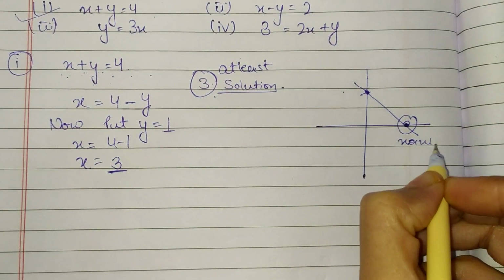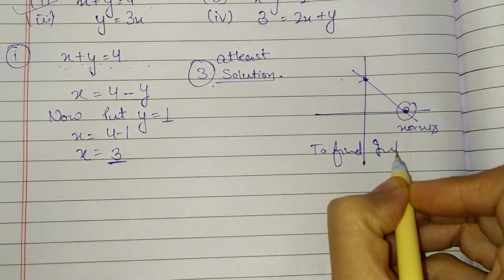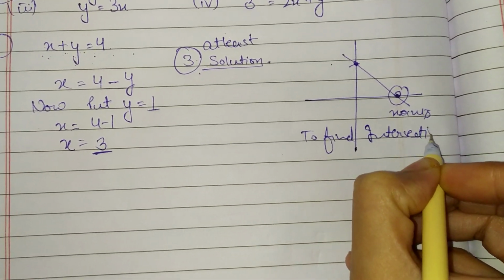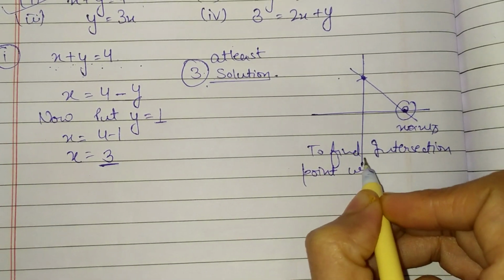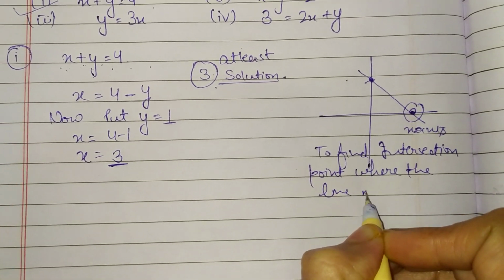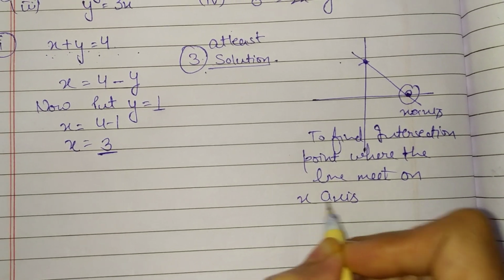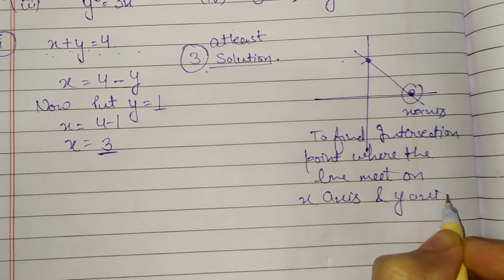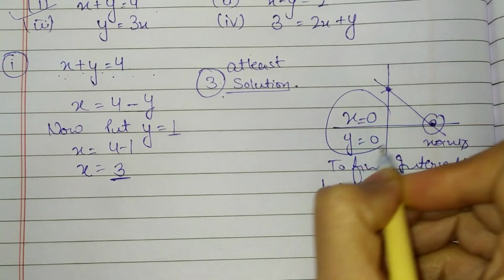So to find the intersection point where the line meets the x-axis and y-axis, we put x is 0 and y is 0.